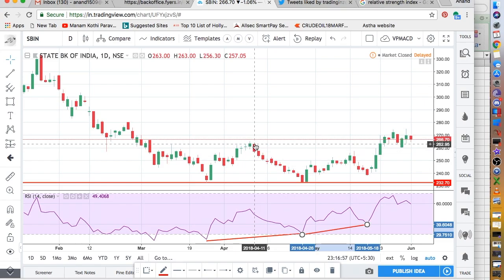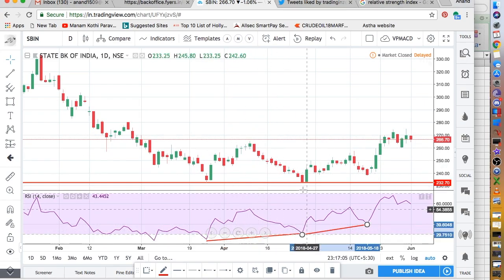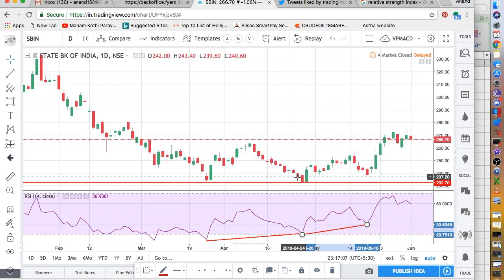When compared to this one, which is a 262, and this has come down to 232, which is a much smaller fall. So RSI is actually giving you a divergence, saying that it's come down, bottoming at the same level, but this time the selling is not that big. The selling pressure has significantly reduced, and then you see a big move.